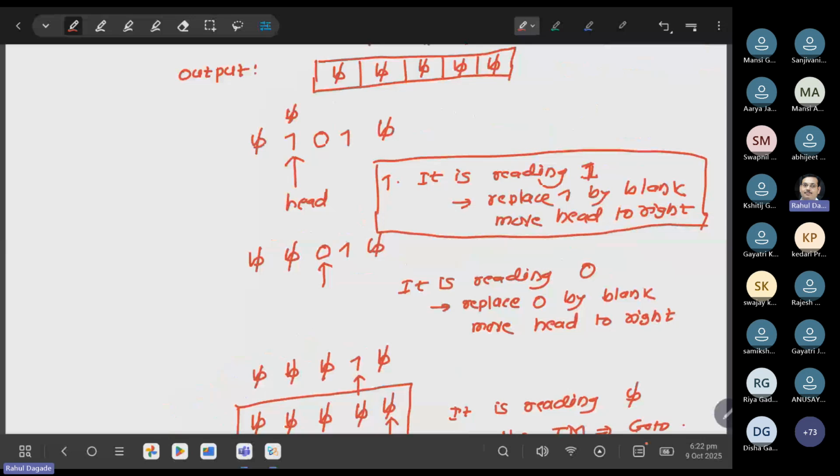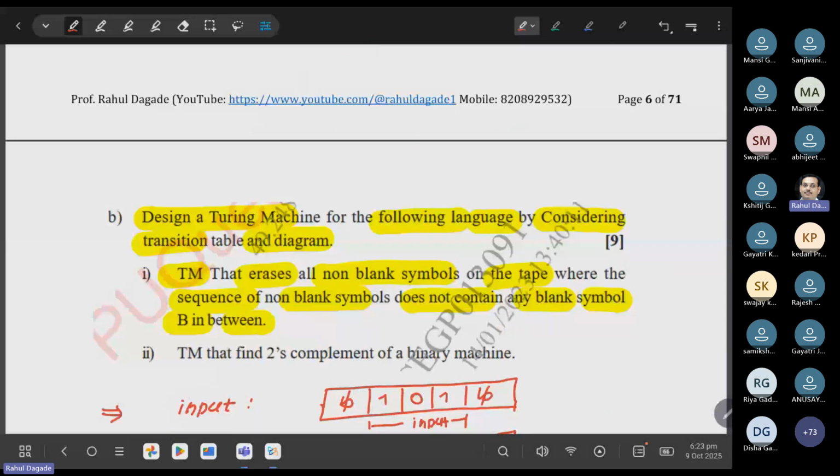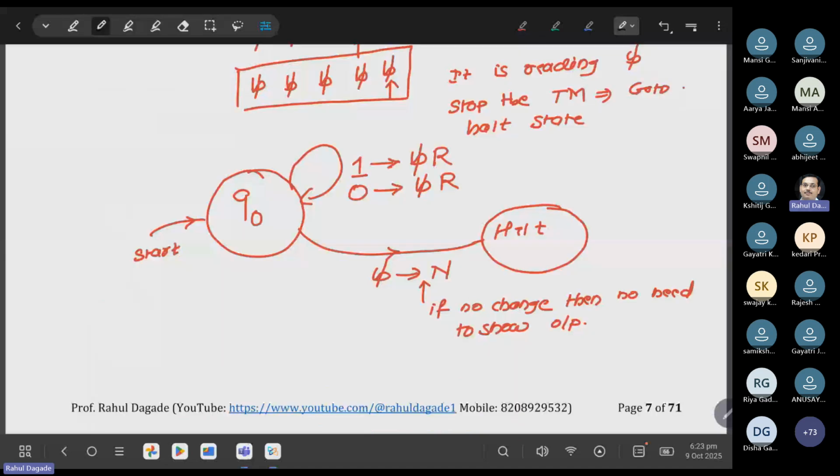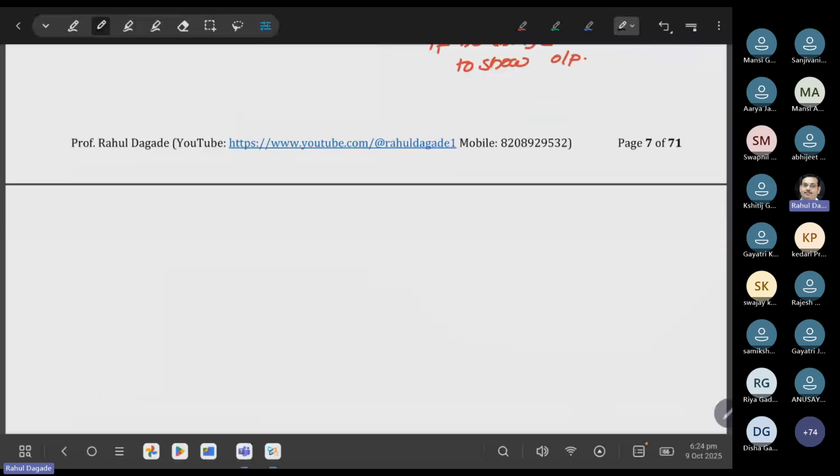Now, how do we represent this Turing machine with a transition table? So this is a diagram. Now let us have a transition table. How do you represent a transition table?